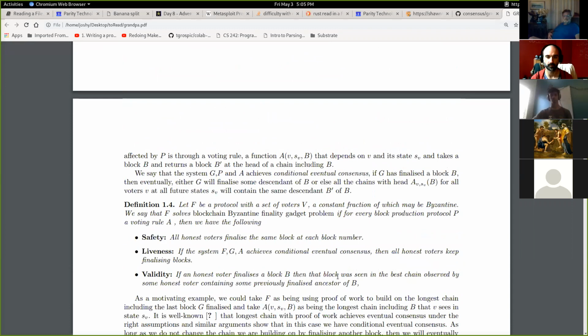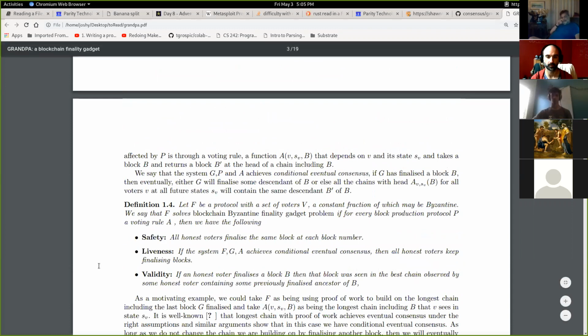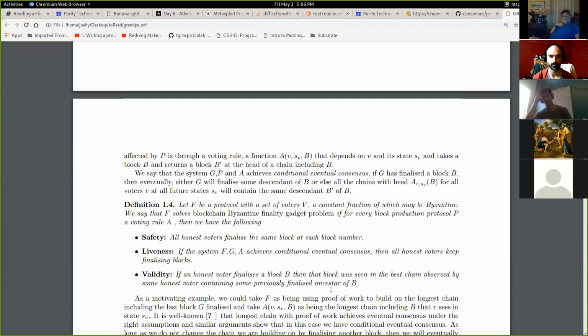And here they say that block was seen in the best chain observed by some honest voter containing some previously finalized ancestor of B. I think this is almost the same thing.